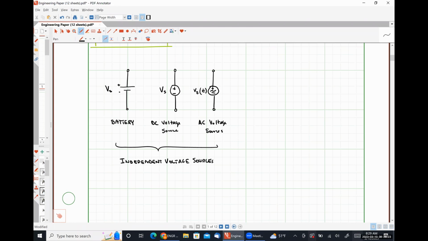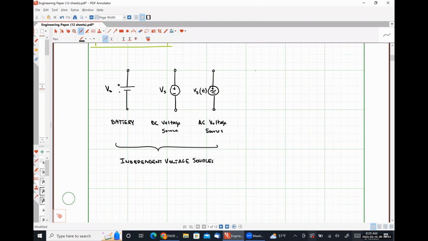So if I have a battery in my hand, without anything attached to it, it's still providing 1.5 volts of electric potential, okay? Does not matter if I put a resistor across it, a capacitor, inductor, it's going to supply 5 volts, okay? So independent voltage sources means that there is a potential difference between those terminals of VS regardless of what is going on in the circuit.